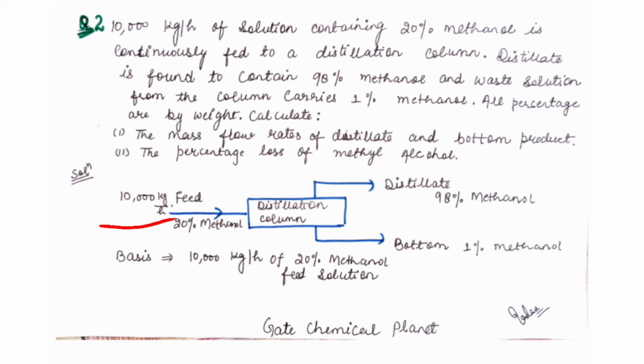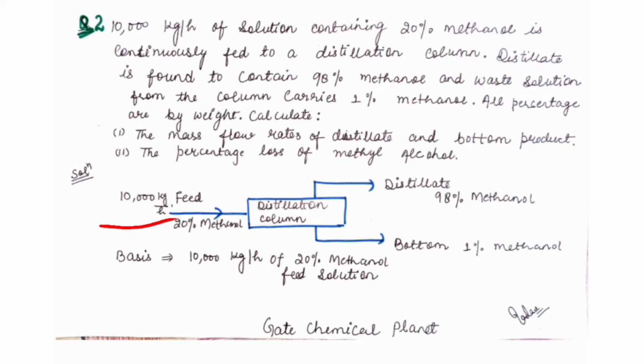This feed is fed to the distillation column, and after separation we get 98% methanol in the distillate and 1% methanol in the bottom.